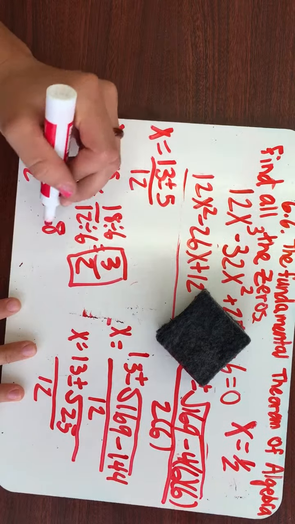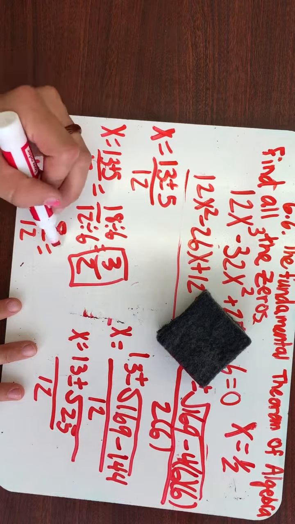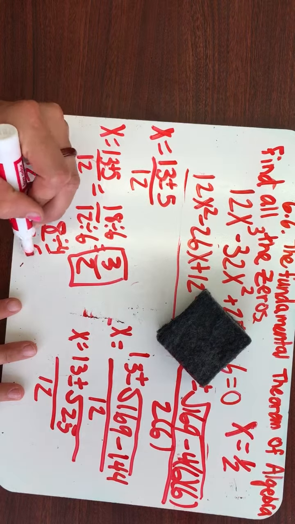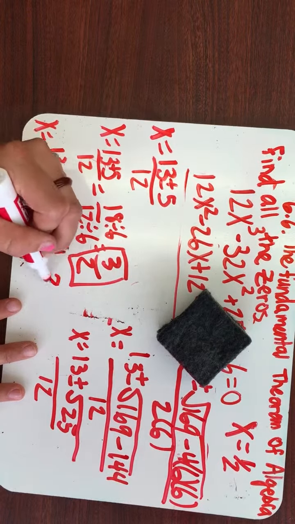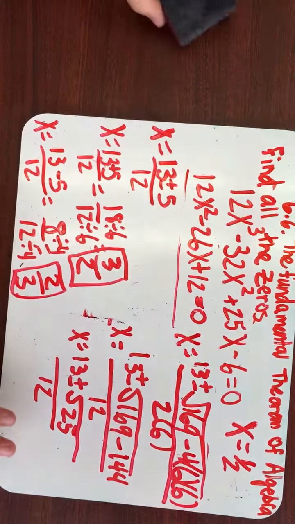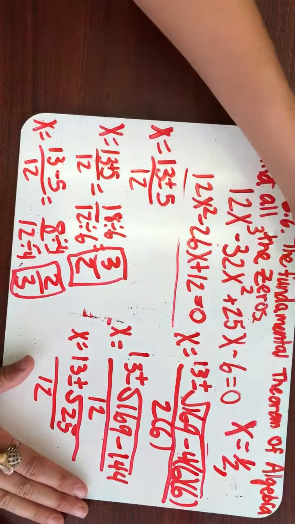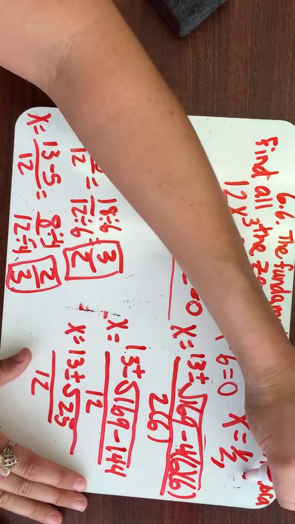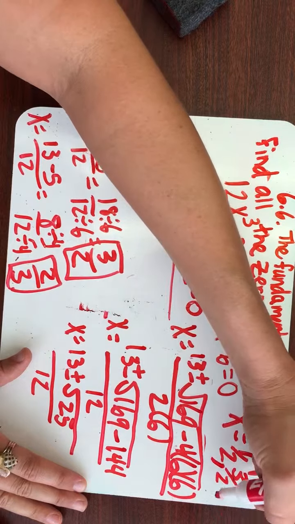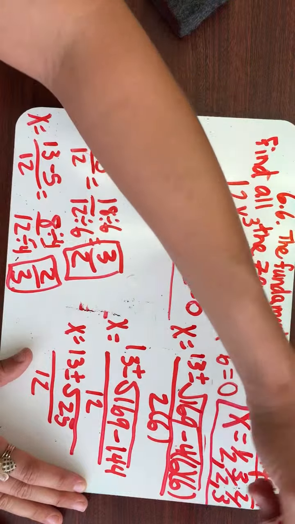And we'll get an 8 over 12. And then we can divide both of those by a 4. And we get 2/3. So those are our 3 answers. We got a 1/2, 3 over 2, and 2 over 3. And those are our 3 answers.